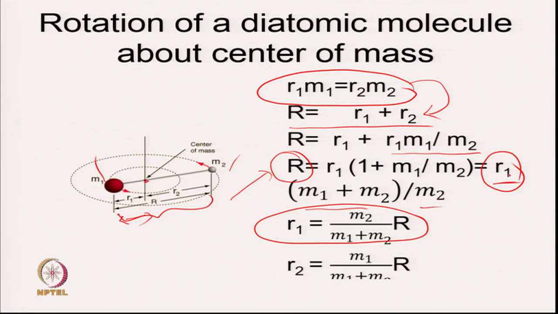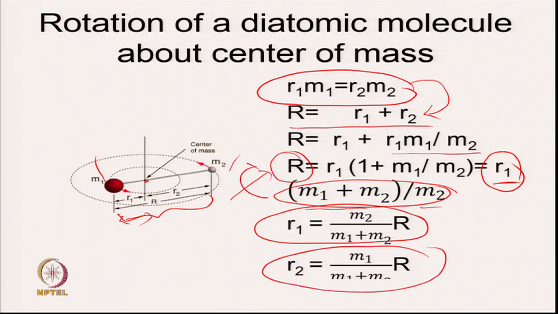So, if I want to calculate R1, I will take this to the left hand side, and when we do that, M2 will come in the numerator and M1 plus M2 will come in the denominator. So, R1 is equal to M2 divided by M1 plus M2 multiplied by R.